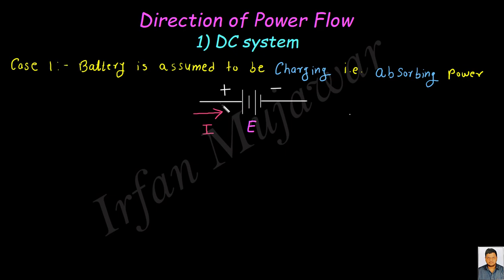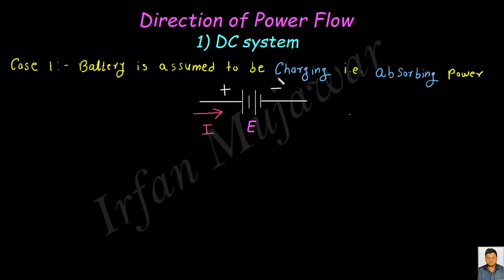In the first case, the current is flowing into the battery at the positive polarity. So this is the direction of current which is flowing into the battery. Now by this particular convention we can say that this battery is assumed to be charging, that is, it is absorbing the power.